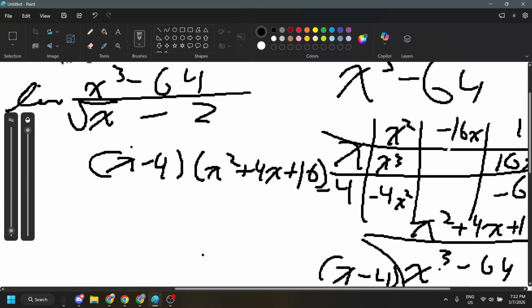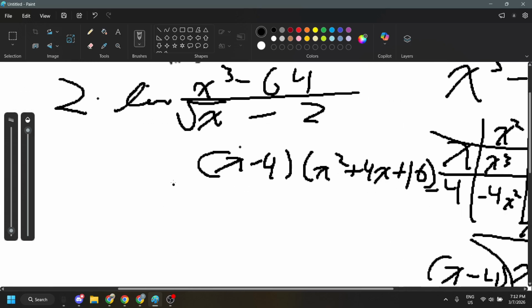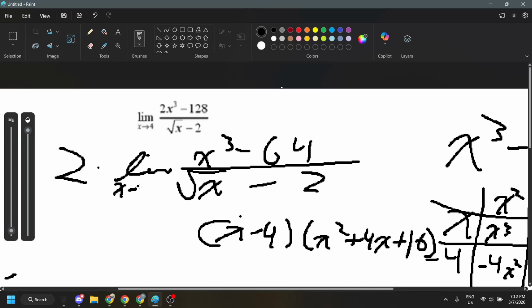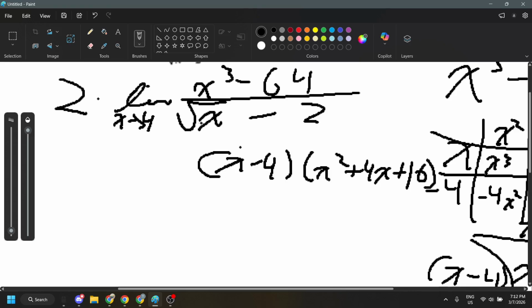So if we do 2 times the limit as x goes to 4, we need to cancel out this term and this term. So why don't we try to get rid of the square root and multiply by the conjugate.